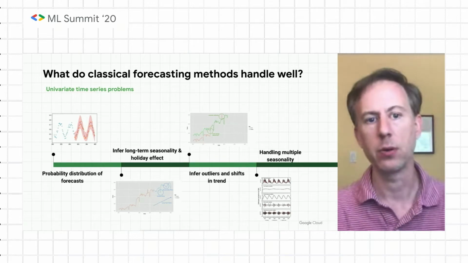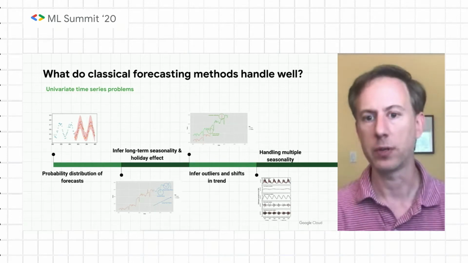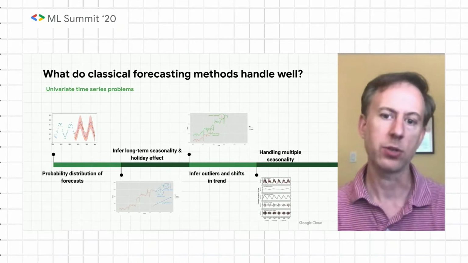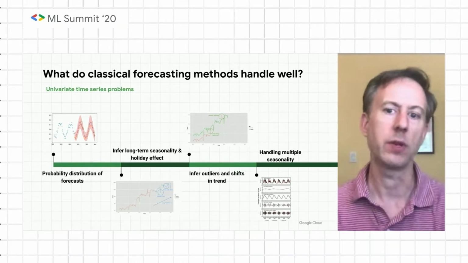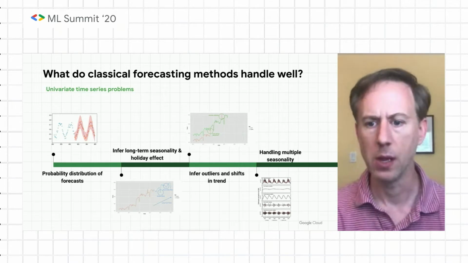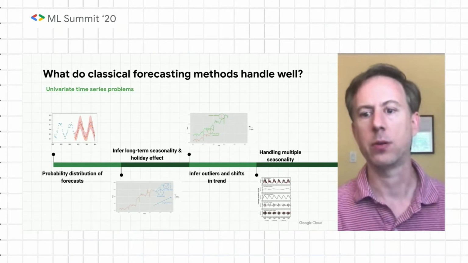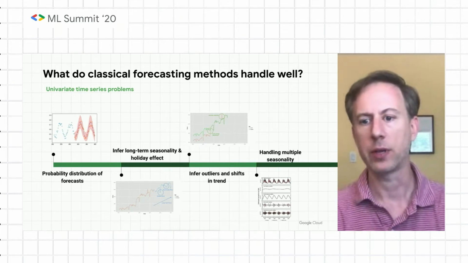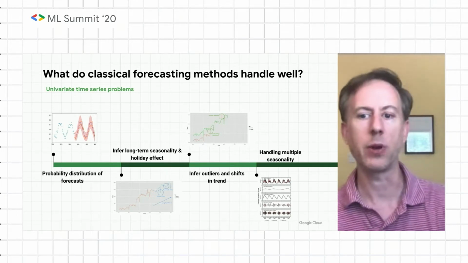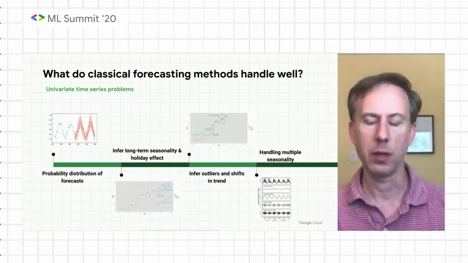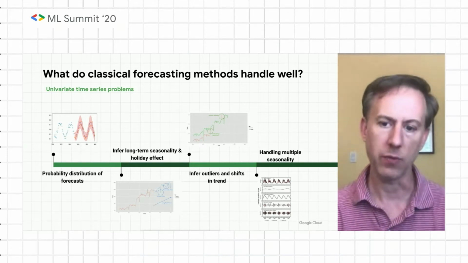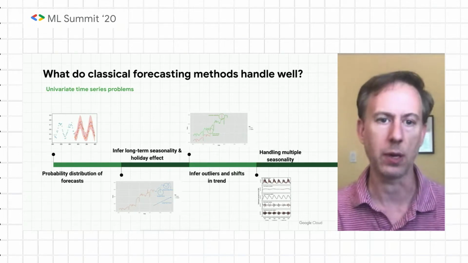Because you have confidence intervals, wherever your data starts to go out of those confidence intervals, you've detected some outliers. And finally, in classical methods there are some great techniques for handling seasonality, for decomposing a time series into trend components, into seasonal components, and even multiple layers of seasonality.